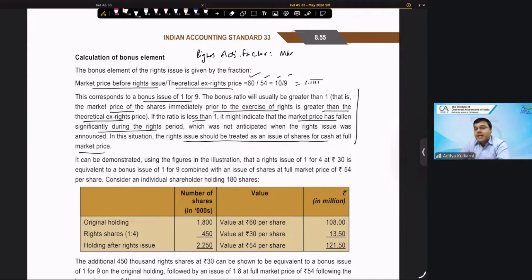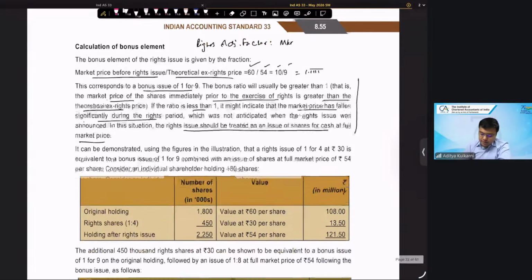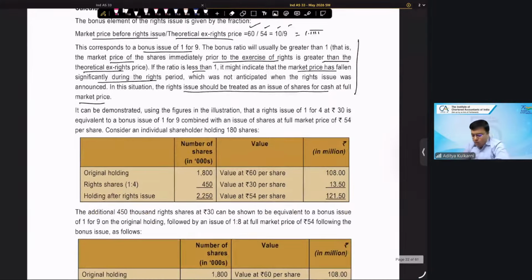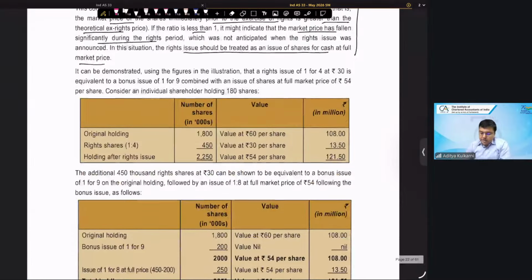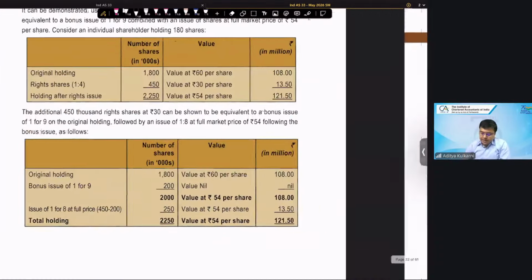We don't have such questions, but you could have such surprises that the institute may ask. Okay. Now, with that perspective, this is your rights adjustment factor. Now you will have to calculate the EPS using this rights adjustment factor.